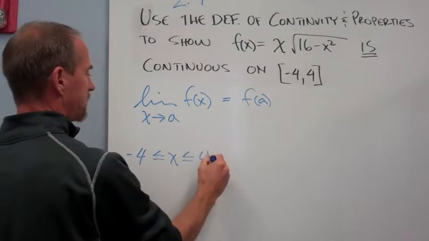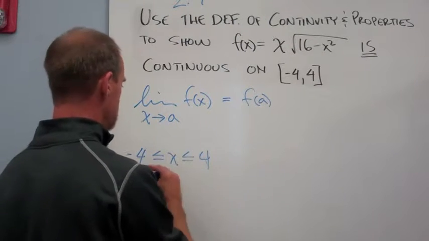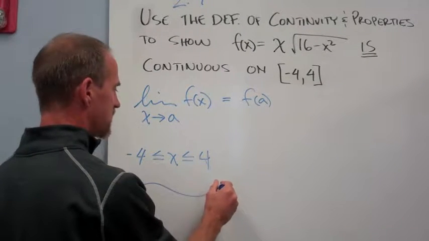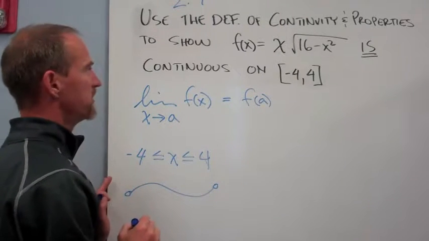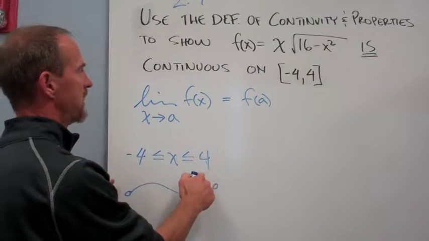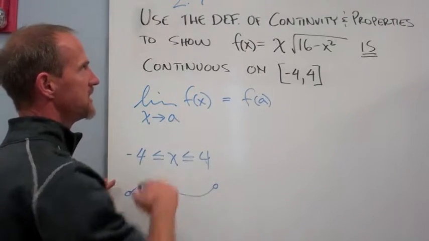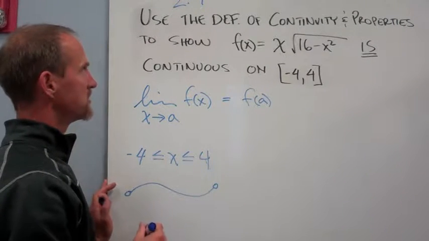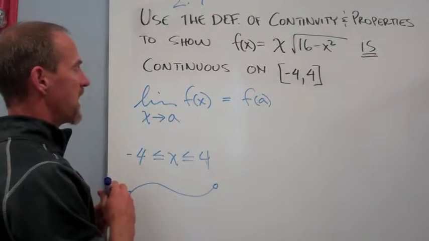And you have to think about this. Between this, there'll be some function that's doing something, and we can show the open interval from -4 to +4 by applying the limit laws and properties in the manner I will show you.